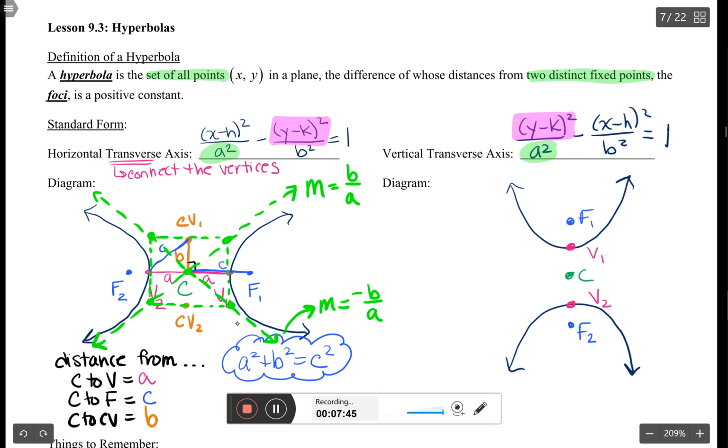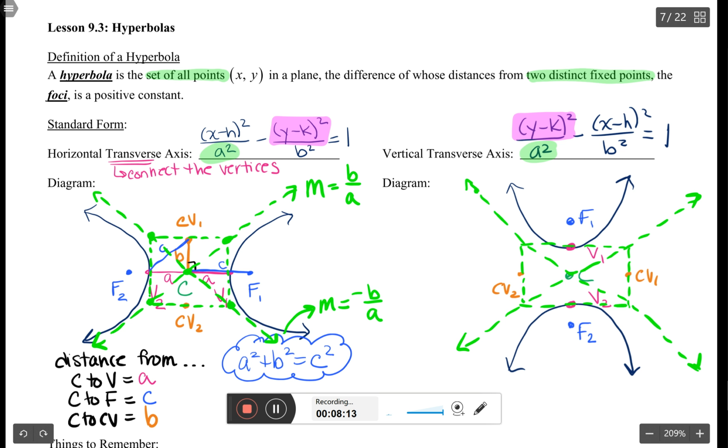So covertex 1, covertex 2. I can make my box by making my horizontal, now my vertical, my horizontal, the vertical. And then you can find your asymptotes by going through the corners of the box and the center. And these asymptotes will help you make a better branch when you're actually graphing it. And that is a hyperbola.